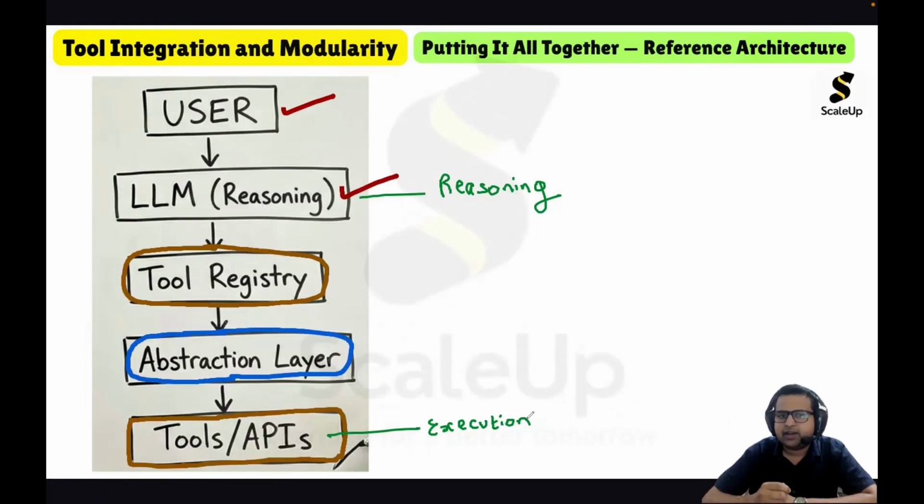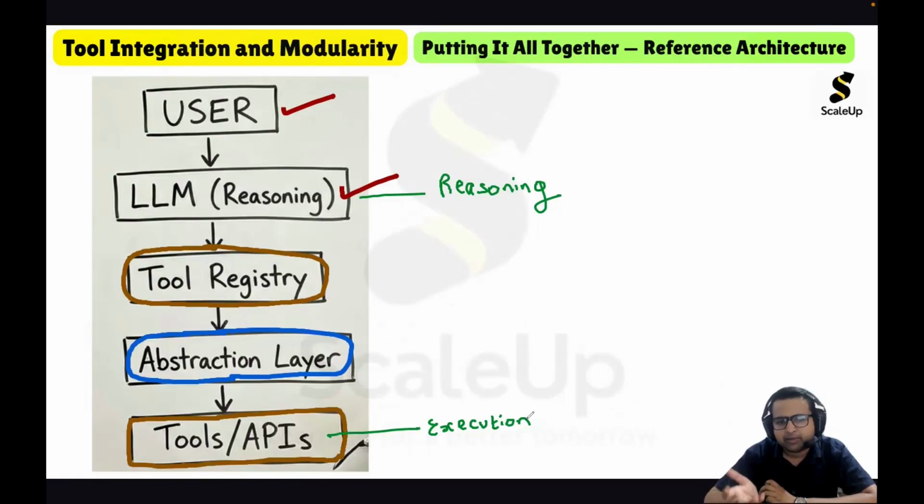And for a particular prompt, the query, it will decode the intent and then decide which tool to call. It will call the tool, and while calling the tool, the large language model will be making use of the abstraction layer, wherein it will be just calling the name and the input parameters. Then when the tool is executed, it will run some logic.